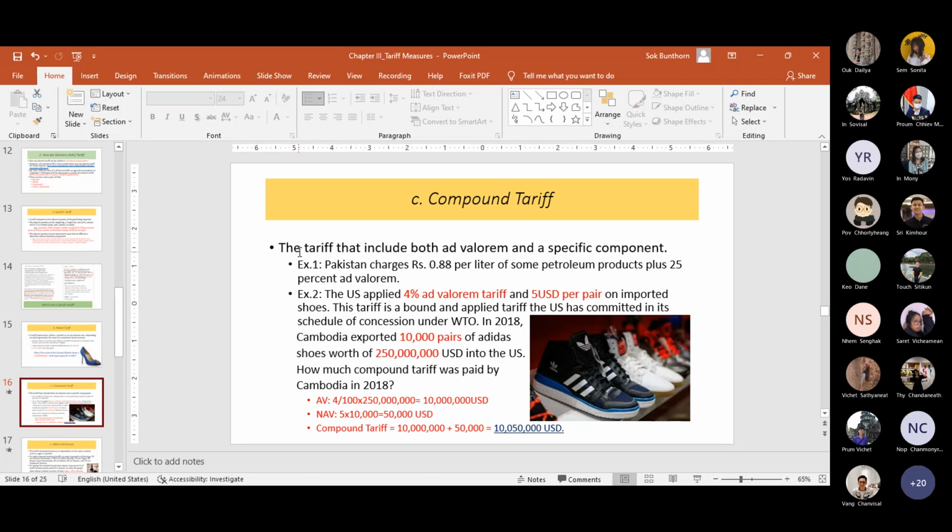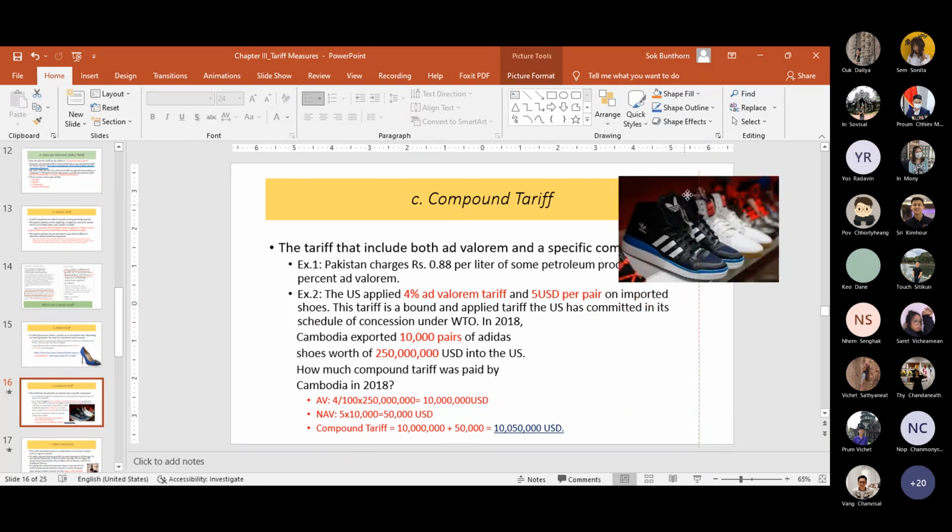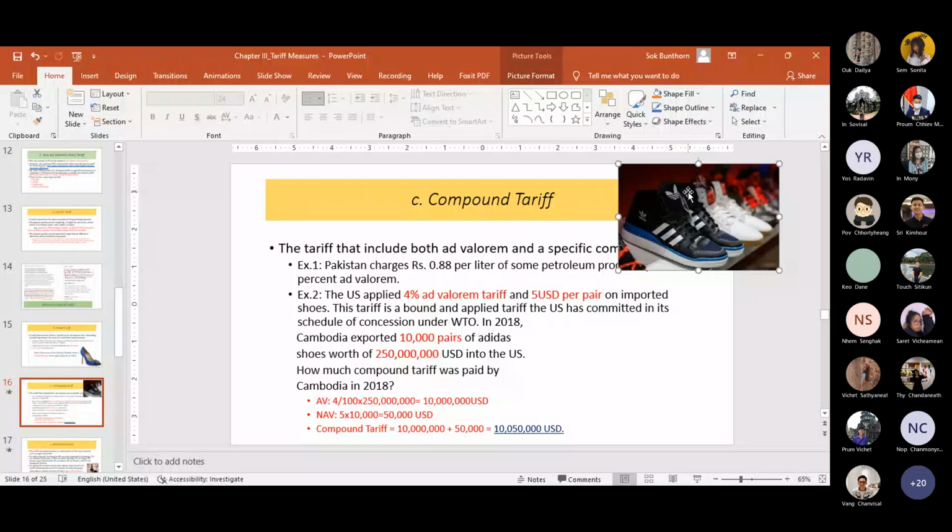Specific and ad valorem. Example number 2: the US applies a 4% ad valorem tariff and $5 per pair on imported shoes. This tariff is a bound and applied tariff the US has committed to in its schedule of concession. In 2018, Cambodia exported 10,000 pairs of Adidas shoes worth $250 million to the US.